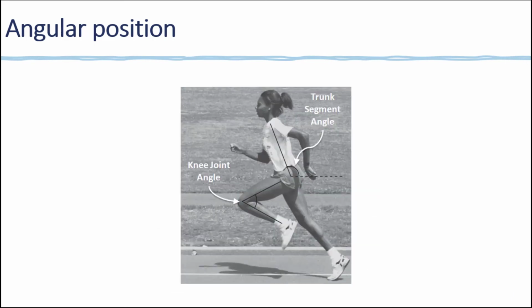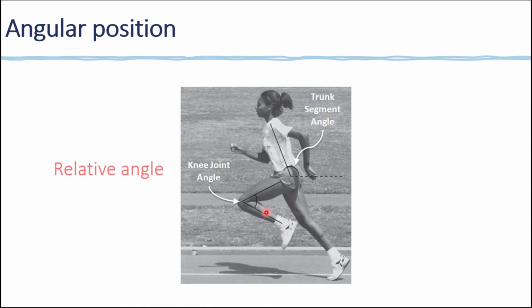Okay, great. So here's an example of a joint angle and a segment angle. And I invite you to pause and think of the difference between the two angles that are shown here and figure out which one is the absolute angle and which one is the relative angle. So what do you think about the knee joint angle here?